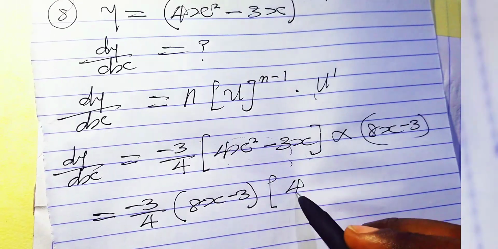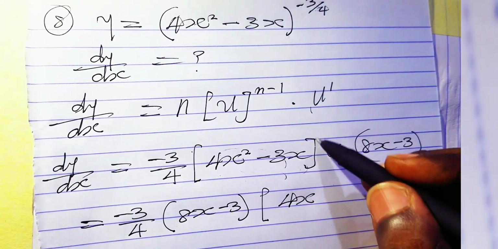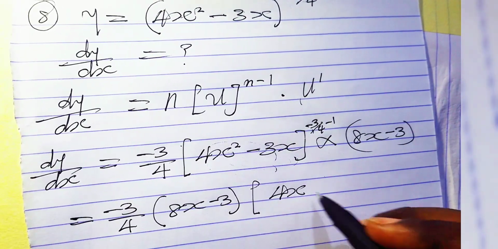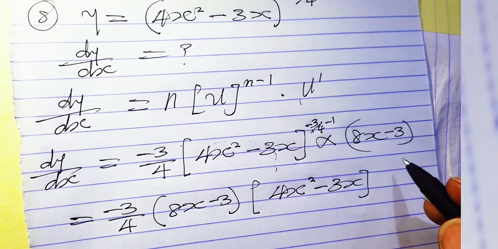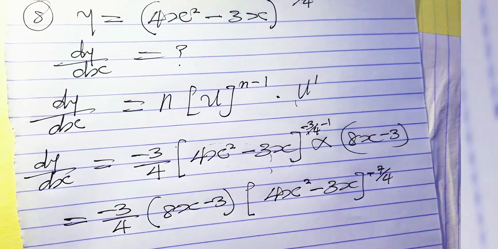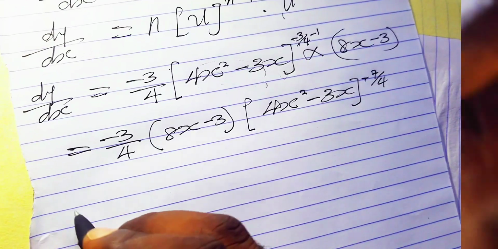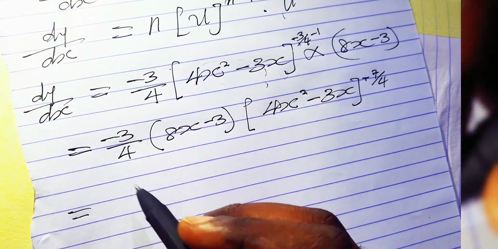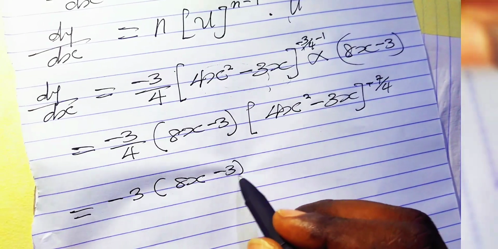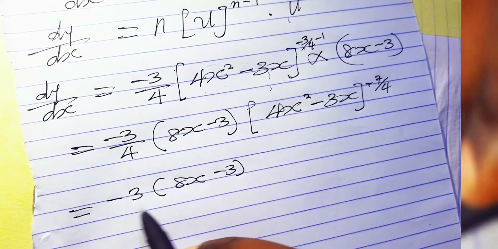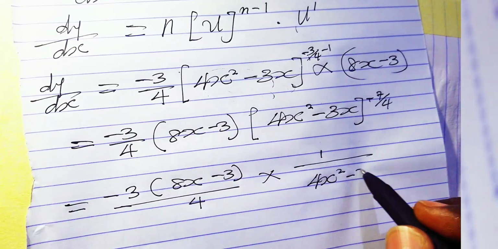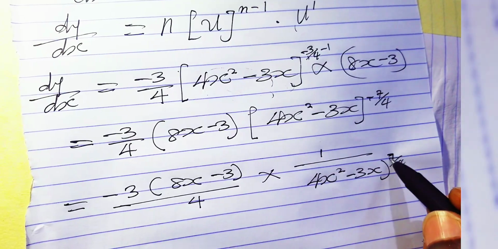Then the bracket 4x, oh, pardon me, I was supposed to write minus 3 over 4 minus 1 here. I forgot that. So this is going to be 4x squared minus 3x raised to the power of minus 3 over 4 minus 1. That becomes minus 7 over 4. And therefore, this is going to be minus 3 and the bracket 8x minus 3 over 4, then times 1 over 4x squared minus 3x raised to the power 7 over 4.